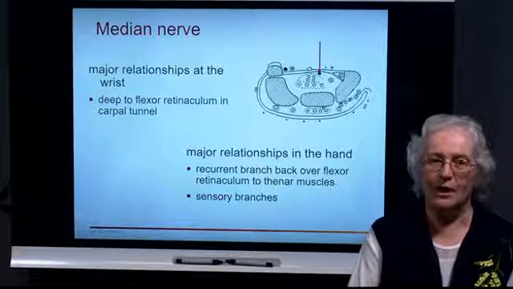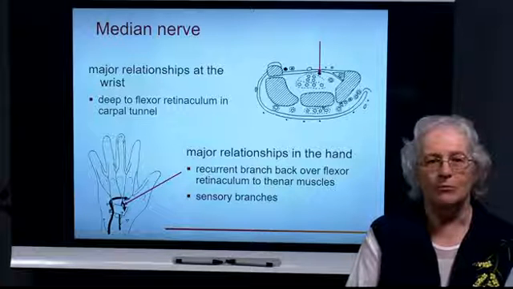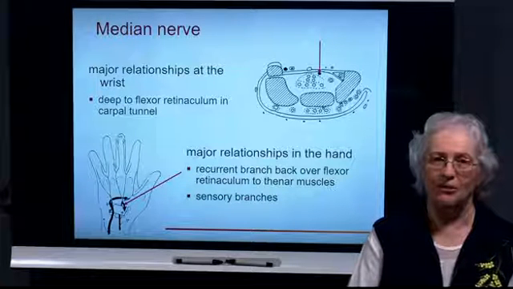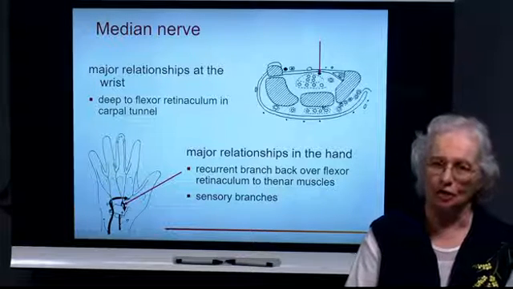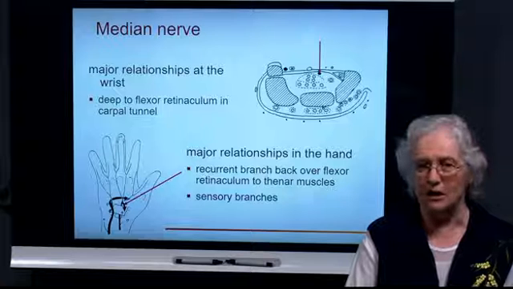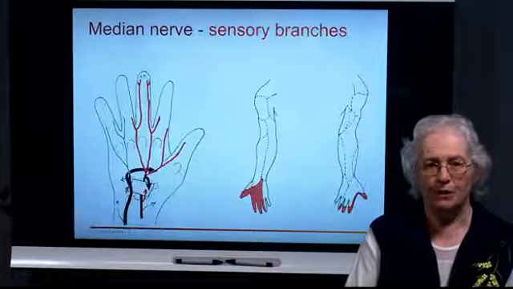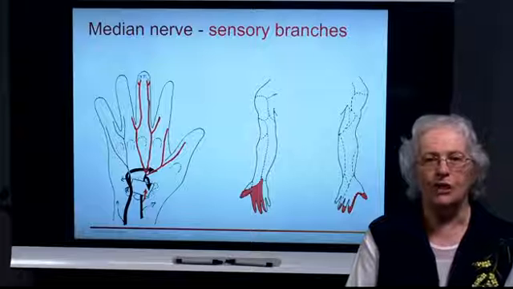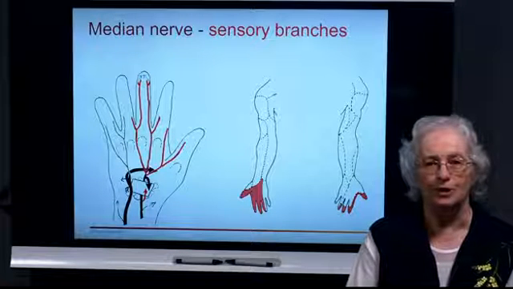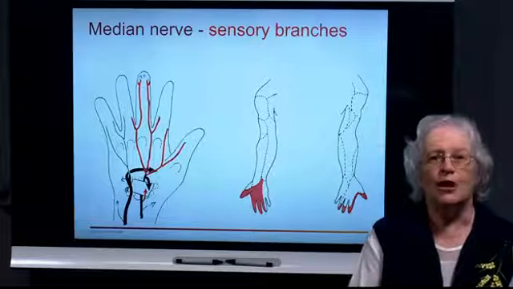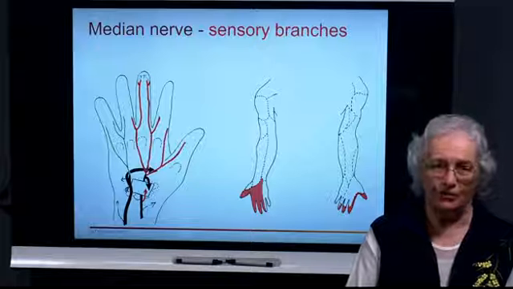So you can see the pattern here, where we have the median nerve passing under the flexor retinaculum, the recurrent branch curving back over the retinaculum, and then the sensory branches going out to the digits. Looking at these sensory branches, and you can see I've coloured them red on this picture, they supply 3.5 digits.